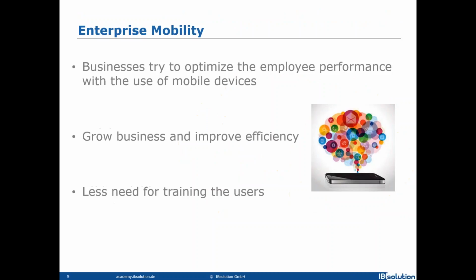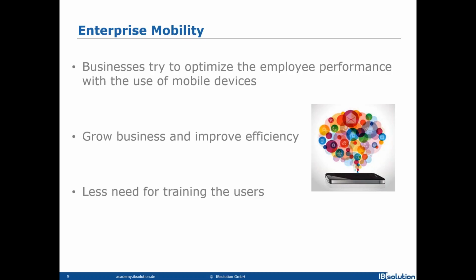So the businesses recognize this opportunity. They see a lot of people start using phones, smartphones, and internet applications, and they recognize the value of it, and they try to optimize employee performance within the use of mobile devices.